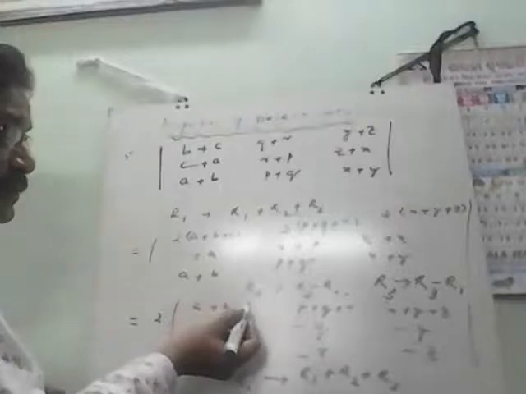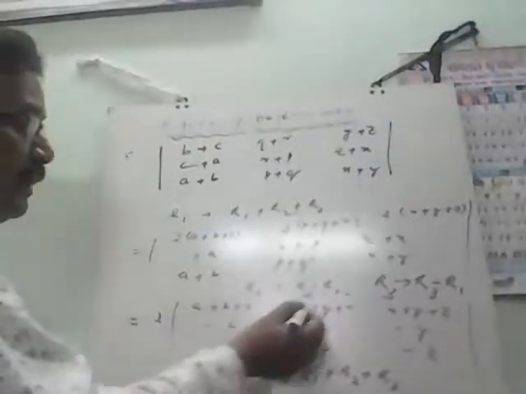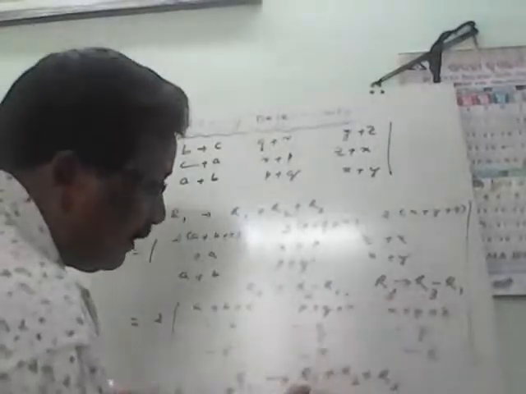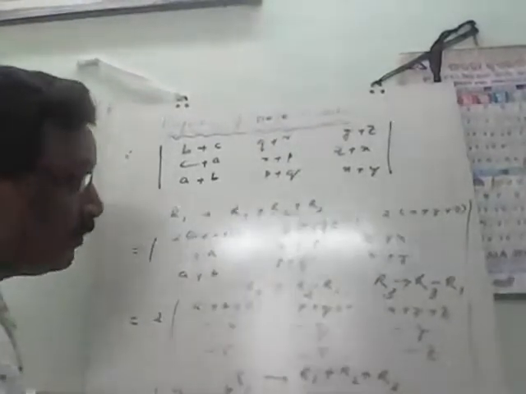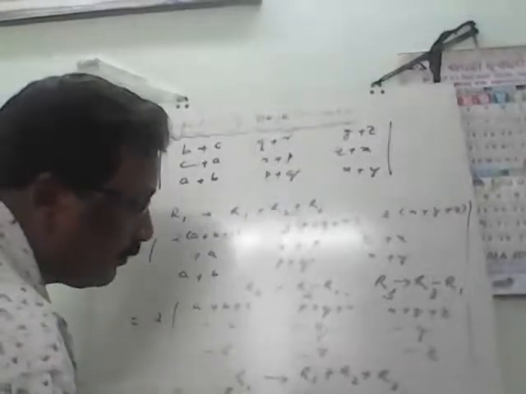A plus B plus C minus B minus C, that sum is only A. Similarly, here Q and R cancelled, remaining is P. Here Y, Z cancelled, remaining is X. Then minus B, minus Q, minus Y along row 2. Row 3, minus C, minus R, minus Z.